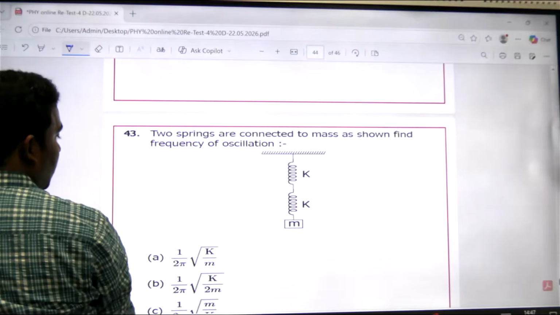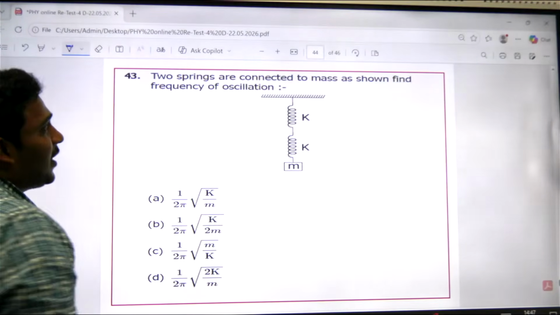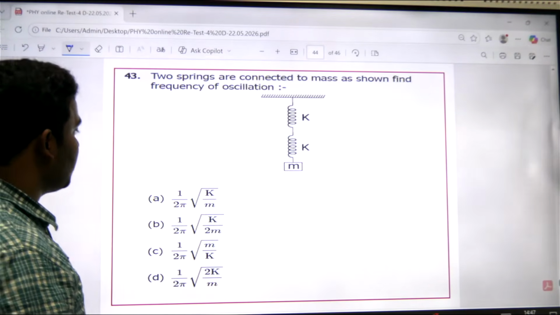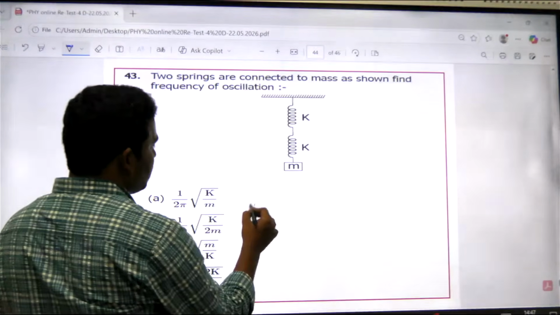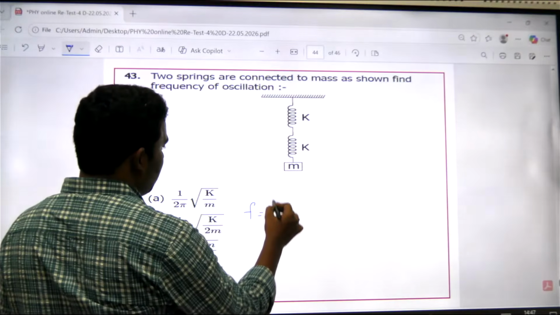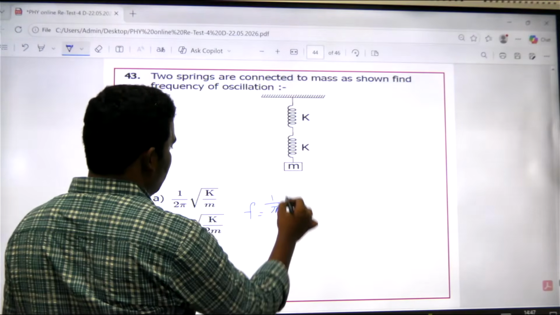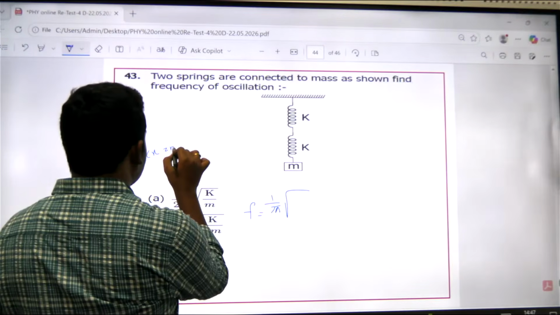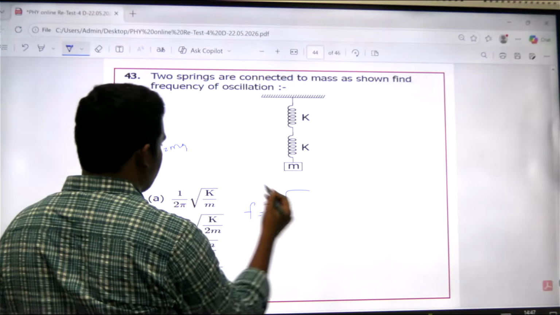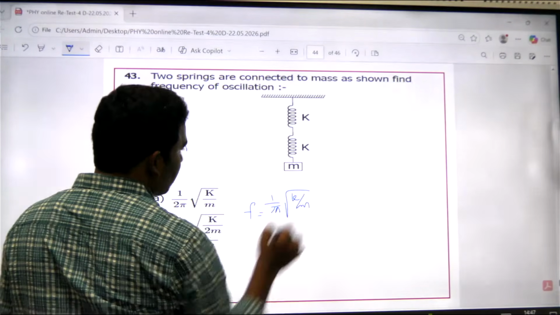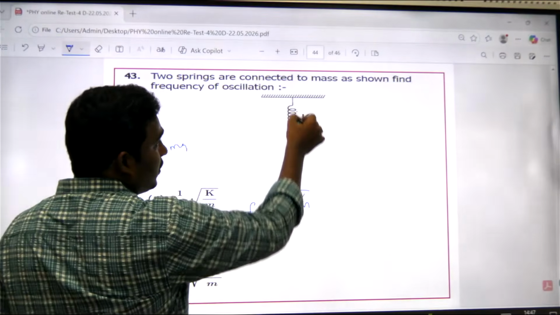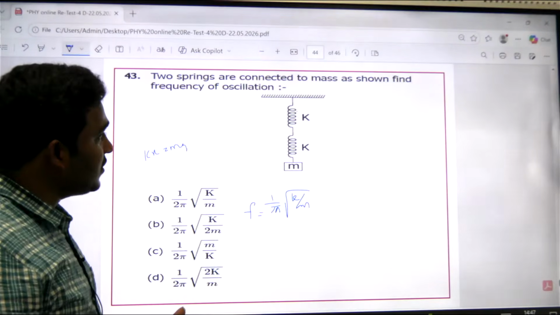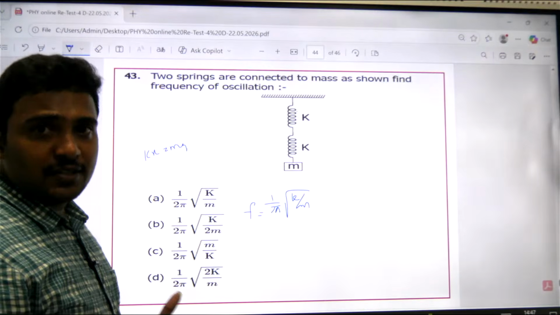Going to question number 43. Two springs are connected to the mass as shown in the figure. Find the frequency of oscillation. What is the frequency of oscillation? It is 1 by 2 pi under root of k by m. Now here two springs of the same spring constants are connected in series.